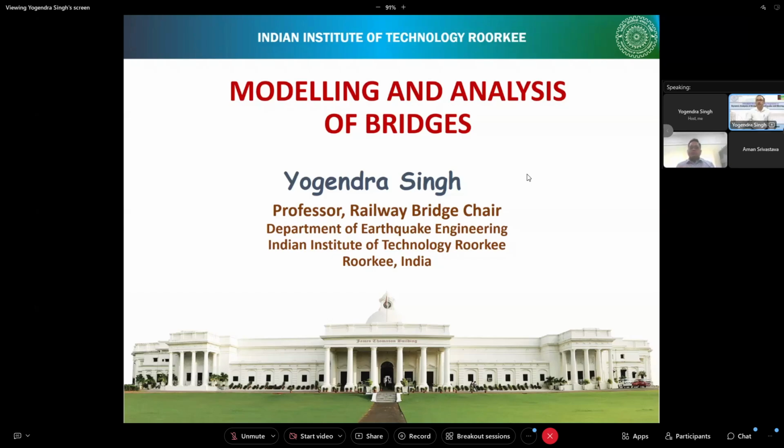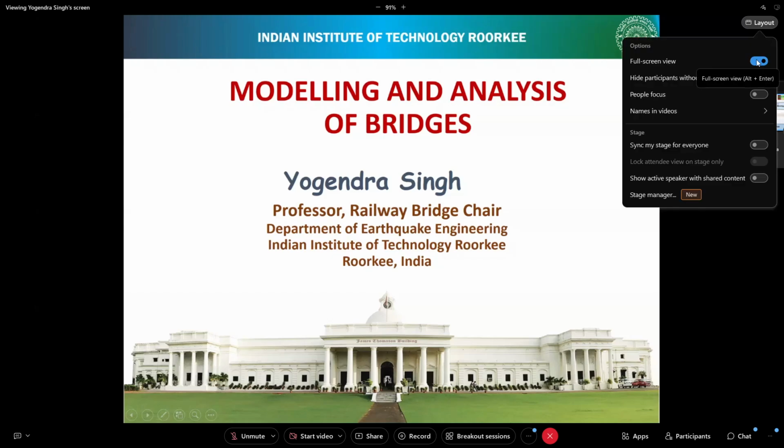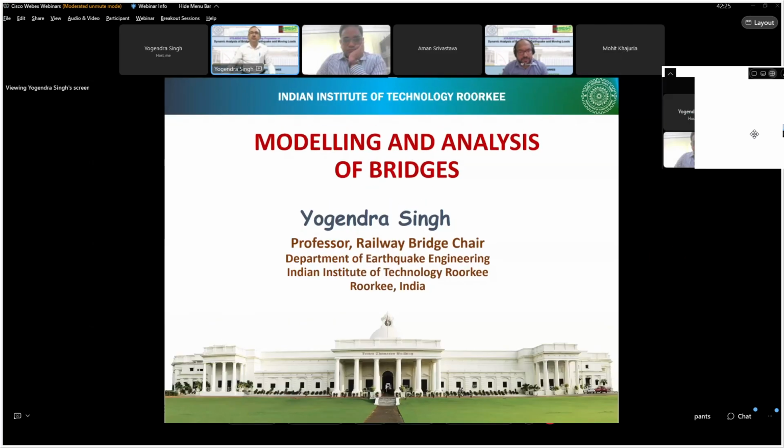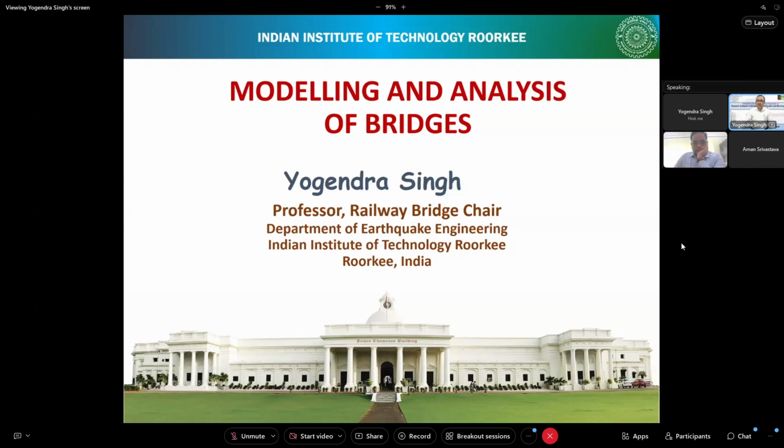The second action under which dynamic behavior of bridges is important, perhaps all of you are aware, is earthquake. When an earthquake shakes the ground below our structure, whether it is a building or a bridge, the structure is set to vibration and has a dynamic behavior. In case of earthquake, there is additional complexity because we design our structures to yield during earthquake.